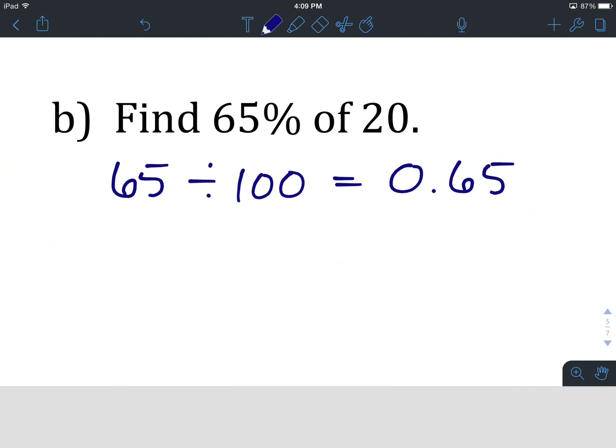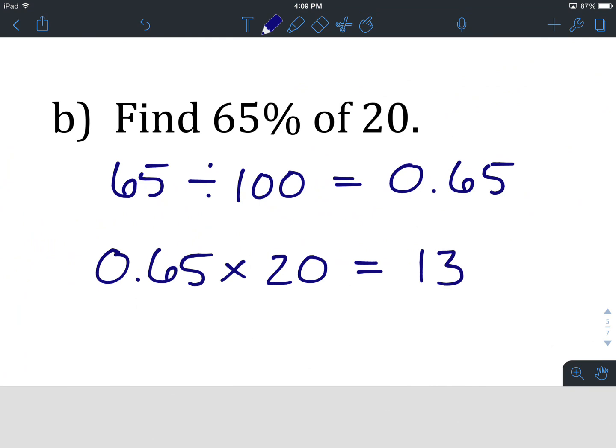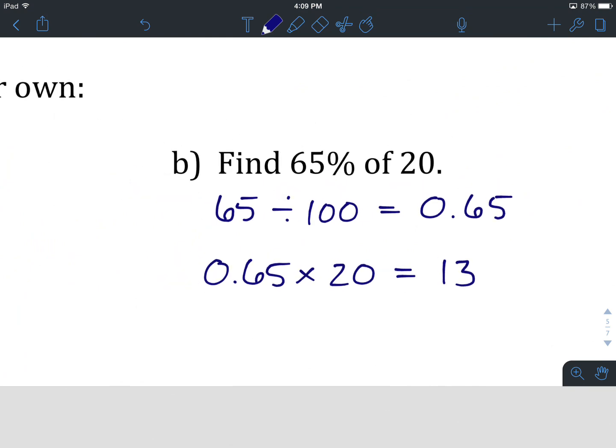Step number 2 is to take that decimal, 0.65, and multiply it by whatever the number is we want to know 65% of, in this case, 20. We type this into our calculator, 0.65 times 20, and it gives us 13. So 13 is 65% of 20.